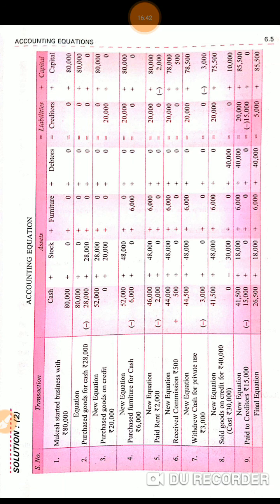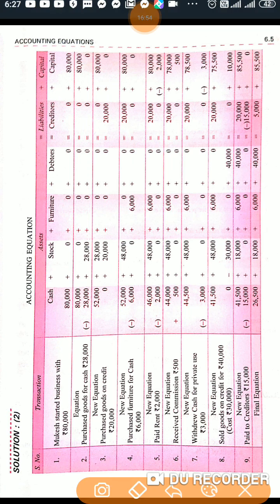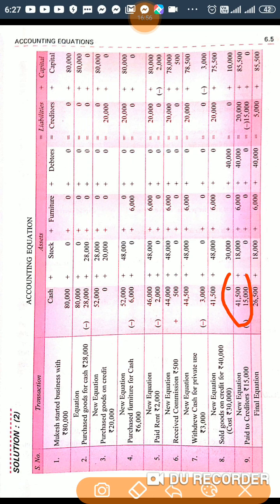Now the last transaction, paid to creditors 15,000. Two accounts are involved: cash as an asset, and at the same time creditor as a liability. So cash is decreased by 15,000, and at the same time creditor is also decreased by the same amount.